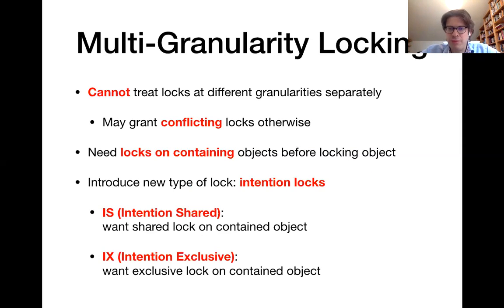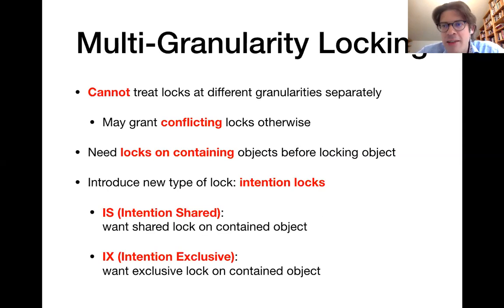Now, the way in which we make sure that we don't grant any conflicting locks is by introducing new types of locks: intention locks. We have two types: the intention shared lock and the intention exclusive lock.